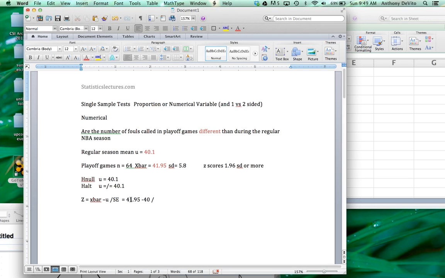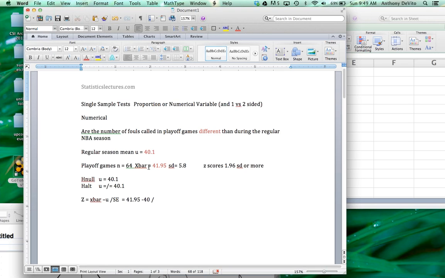Well, standard error in this case is going to be standard deviation divided by the square root of n. It's a single sample test, so we're only dealing with one standard deviation. When we move on to a couple of problems from now, we're going to be dealing with more than one standard deviation, and things can get a little sticky.